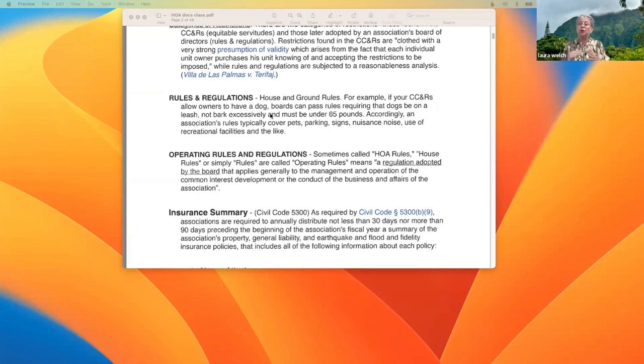Well, then in the ground rules, it gets more granular, and they can say that dog has to be on a leash. It cannot have excessive barking. It has to be under 65 pounds. And in some cases, there are HOAs who have banned certain breeds of dogs, especially pit bulls. Pit bulls are banned. That's the most common one.